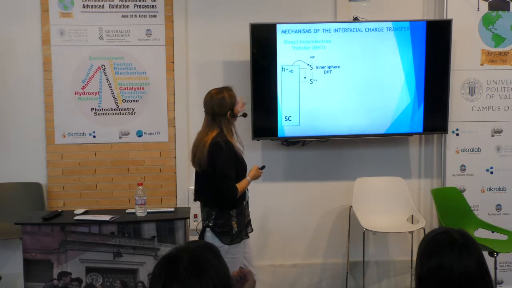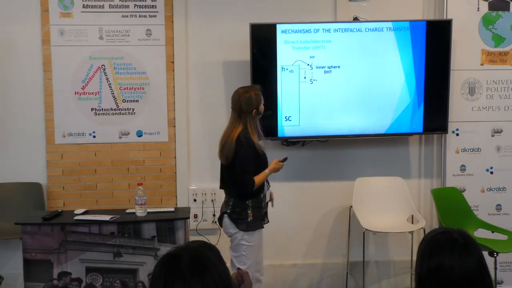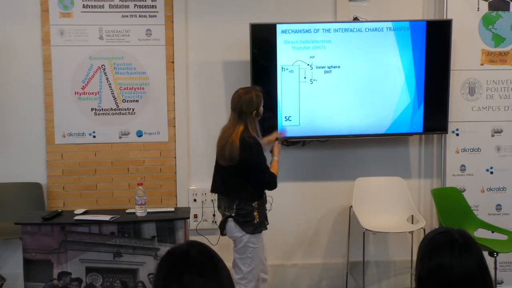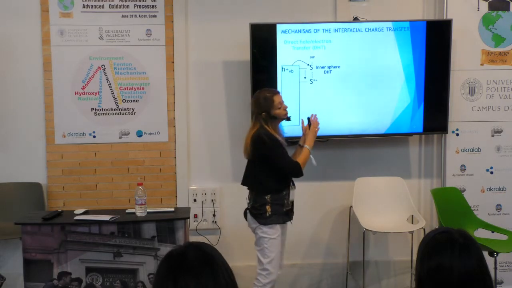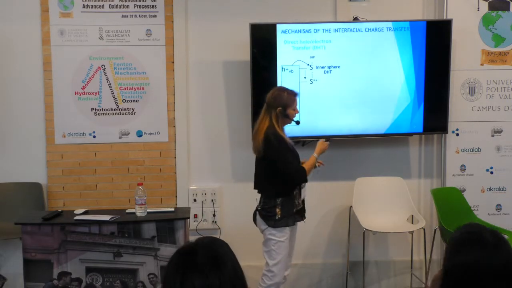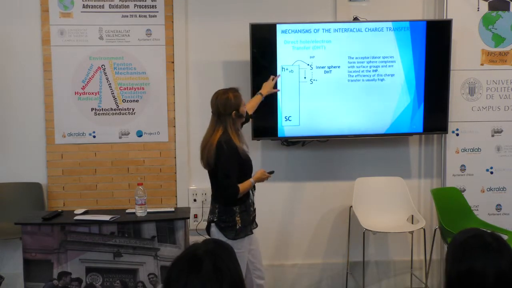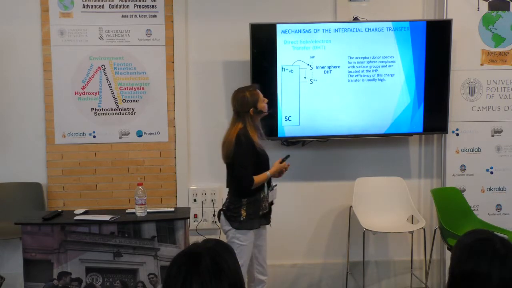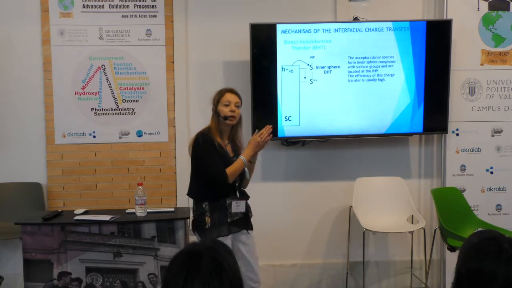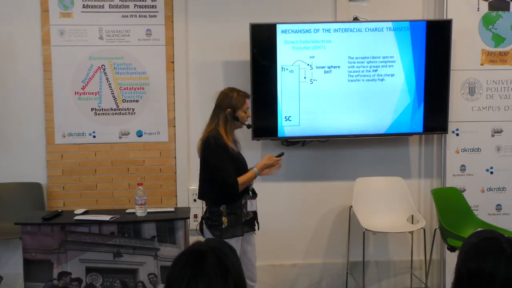The first one foresees the direct transfer from the surface hole to the species that is very close to the surface, and so placed in the inner sphere. This is the case where we have a very efficient charge transfer thanks to this intimate connection.